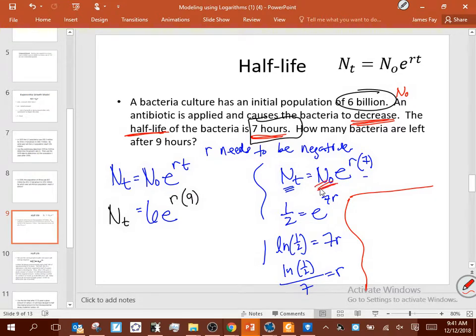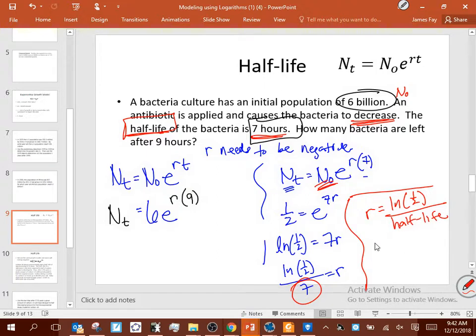No matter what. If I was doing a quarter life, that would be a 1/4, right? If I was doing that doubling idea, that'd be 2. So when I'm doing half-life, my r value is always ln of 1/2 divided by, what was that, 7? 7 was the half-life, right?